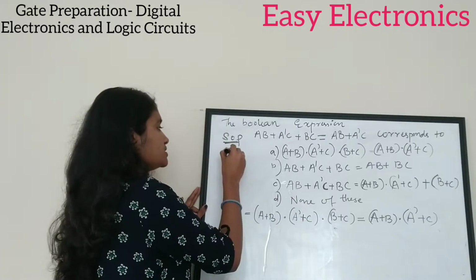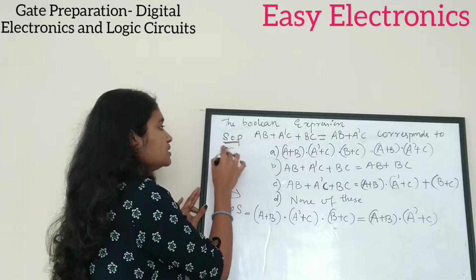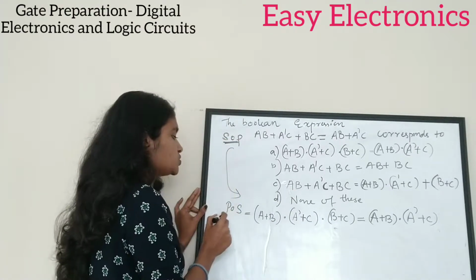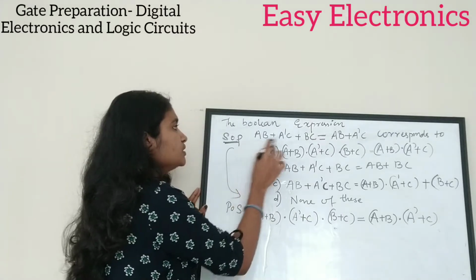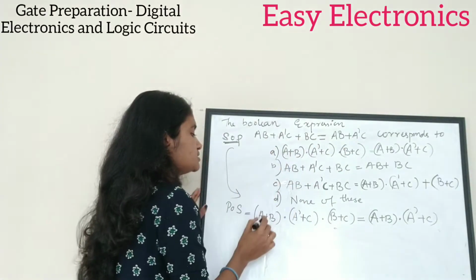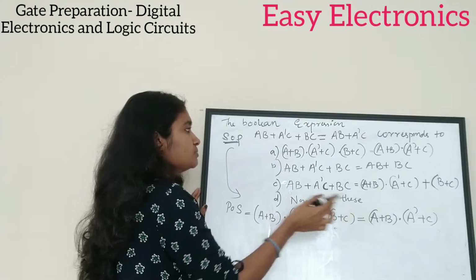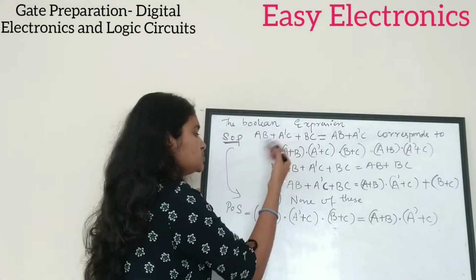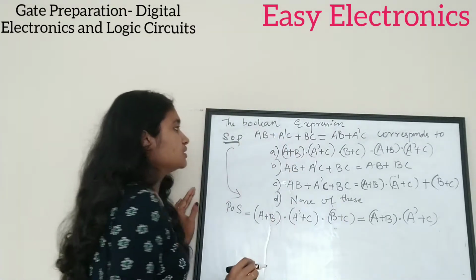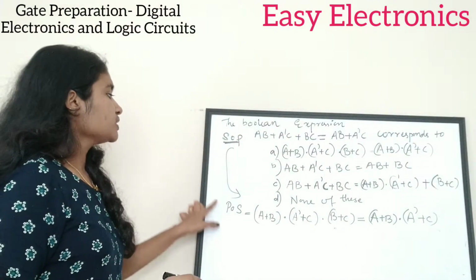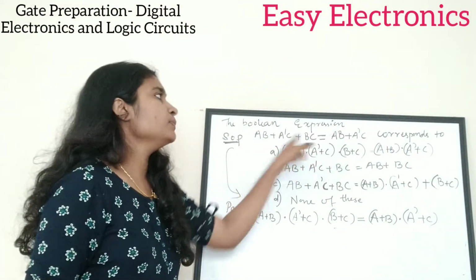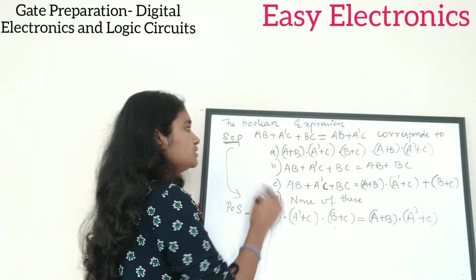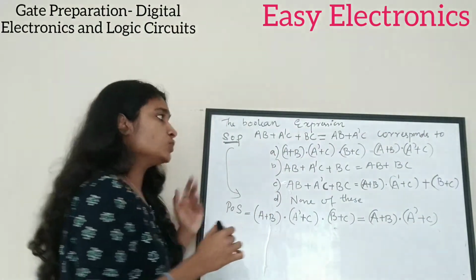So what change has come in this? So the sum of product has been changed to product of sum. So all the products in this have changed to sums and all the sums have been changed to products. So this is the POS form of this Boolean expression, and these two are equivalent.